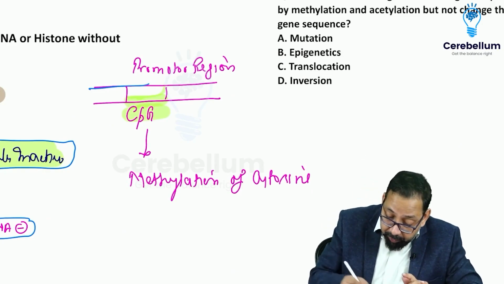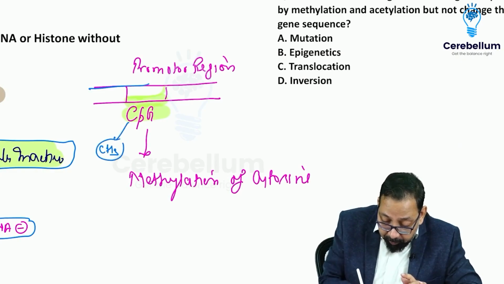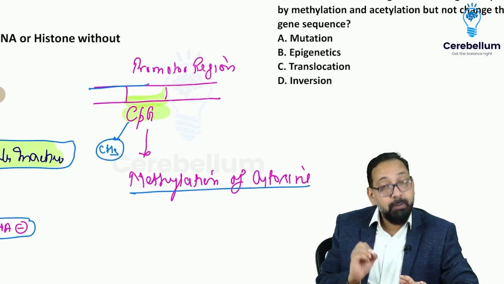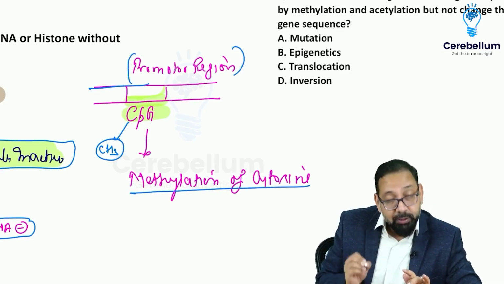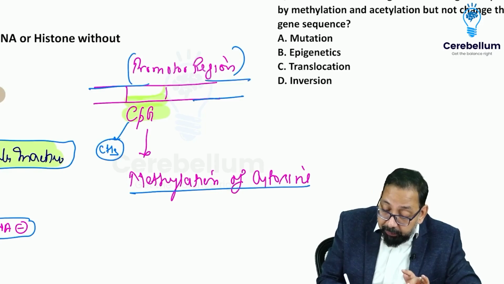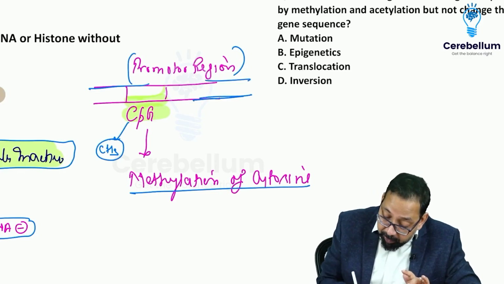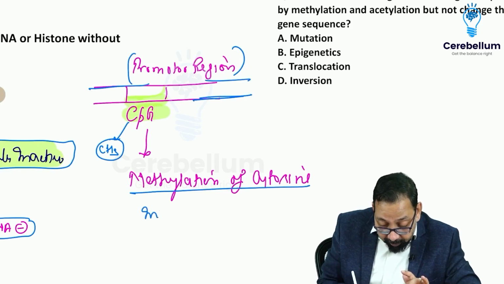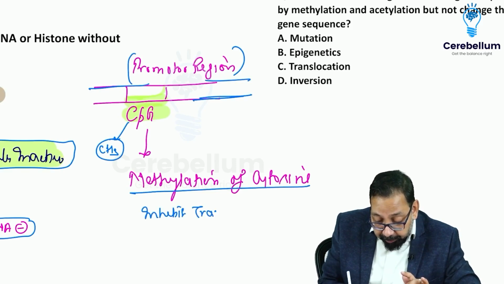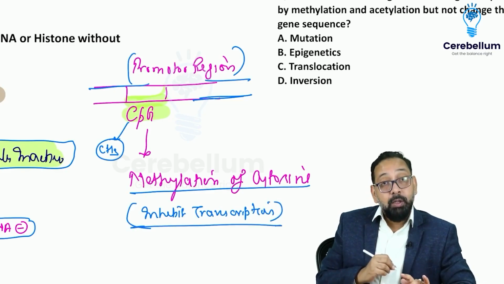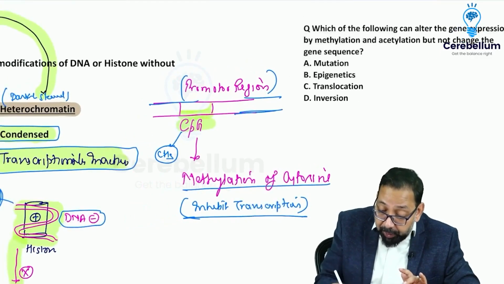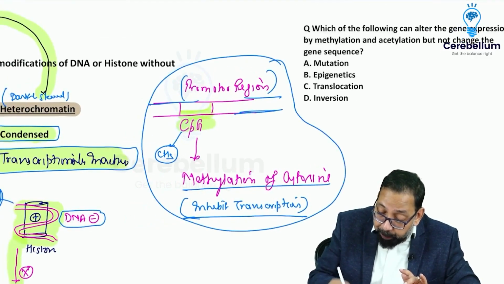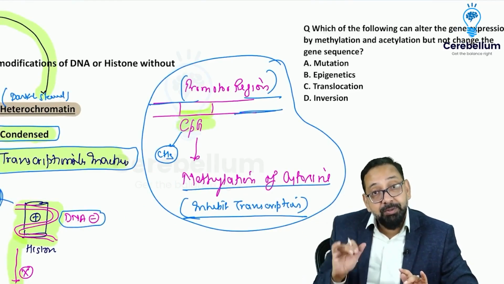On this cytosine, if I attach methyl group, methylation of cytosine, then on this promoter region this gene will not be transcribed. Methylation of cytosine inhibits transcription. Okay. So you can regulate gene expression by modification of DNA. I told you methylation of DNA decreases transcription.